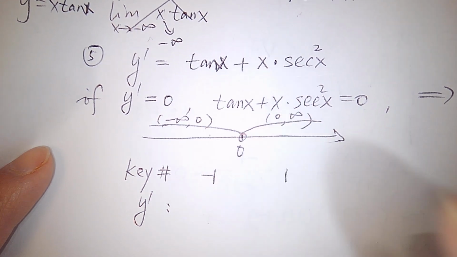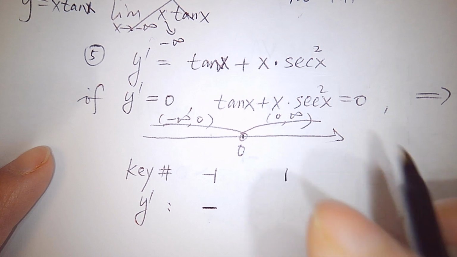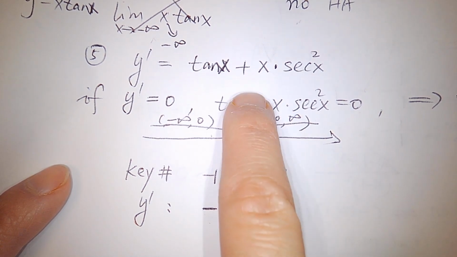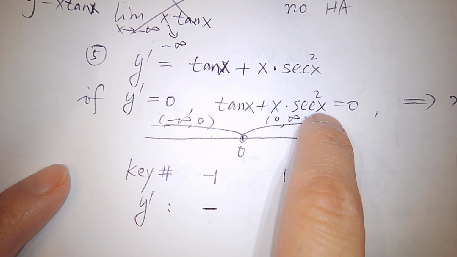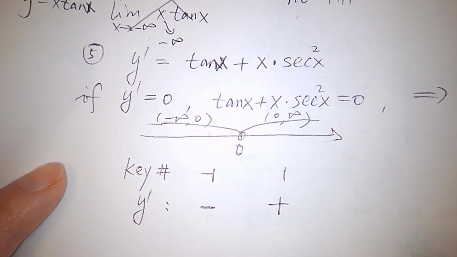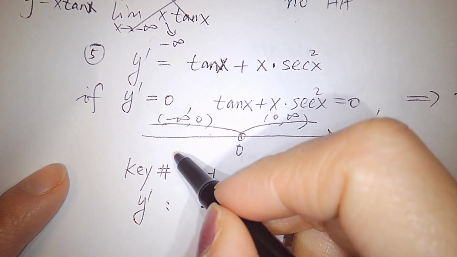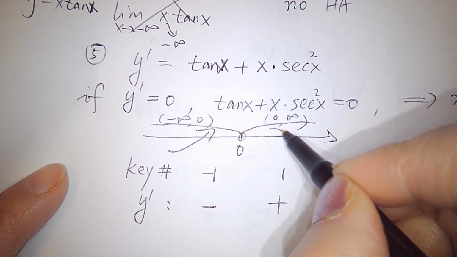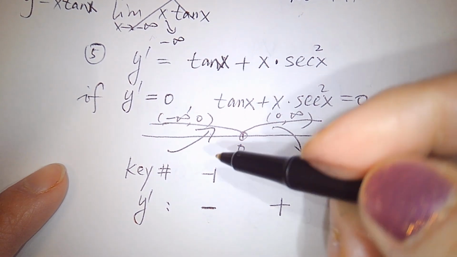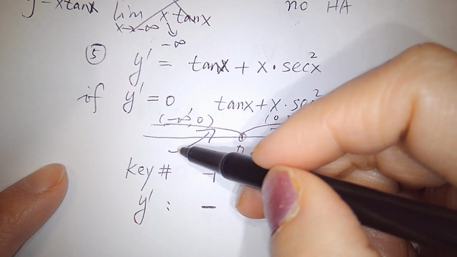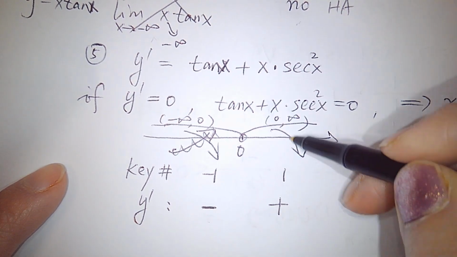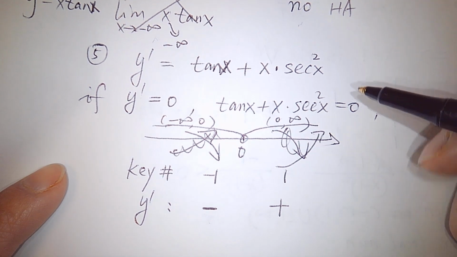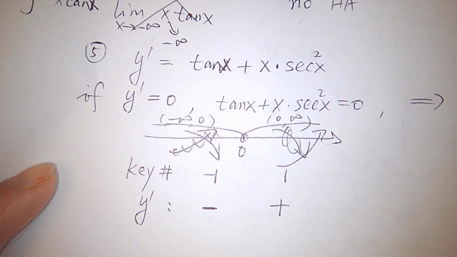Negative plus negative gives us negative. At x equals 1, positive, positive, positive. That means the graph will be decreasing on this interval and increasing on this interval, right?